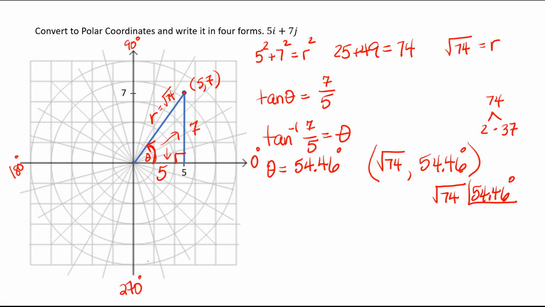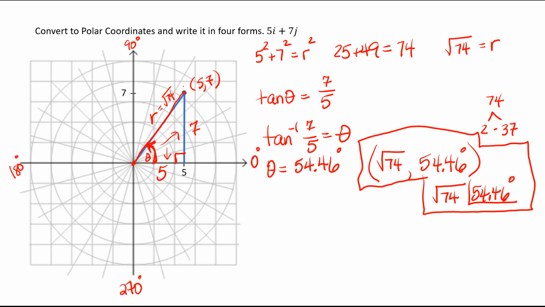There's 90 degrees per quadrant, and you travel counterclockwise. So right now, the way we have it written over here is we're saying go 54.46 degrees counterclockwise, and then go out from the origin the square root of 74. That's how you get to this point.